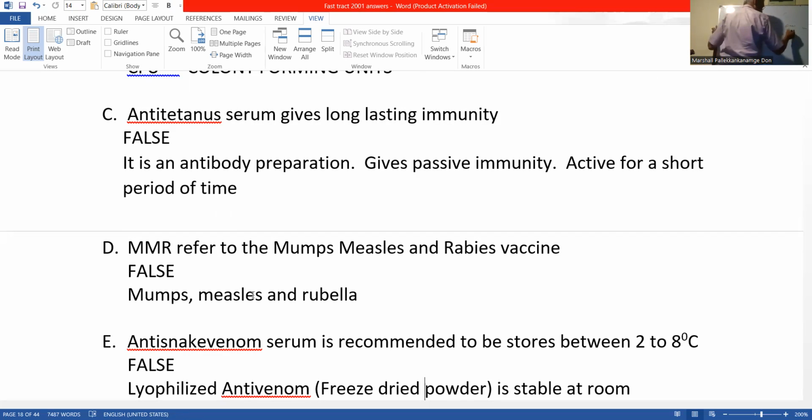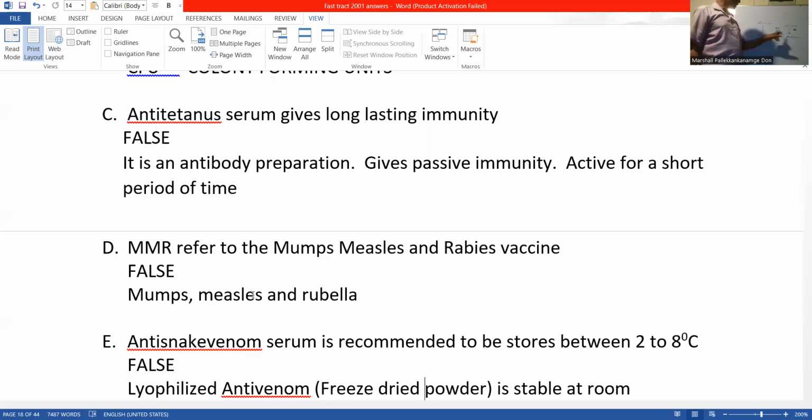Passive immunity you get from, again, anti-sera. Passive means the antibodies are prepared, meaning antibodies from another person, whether animal or maybe human.